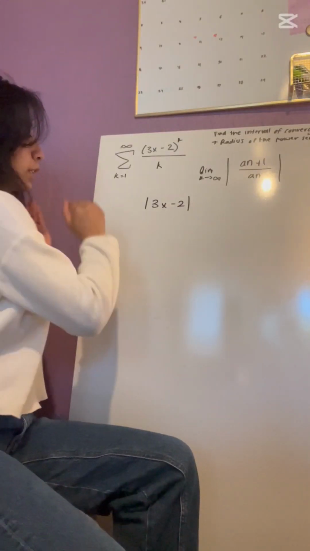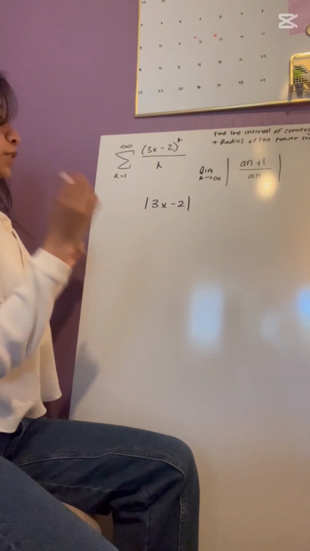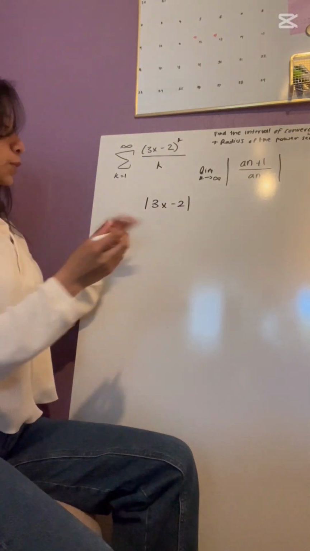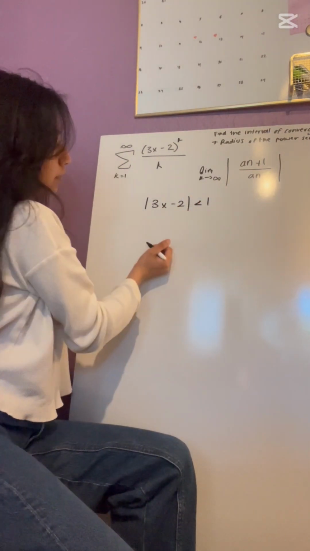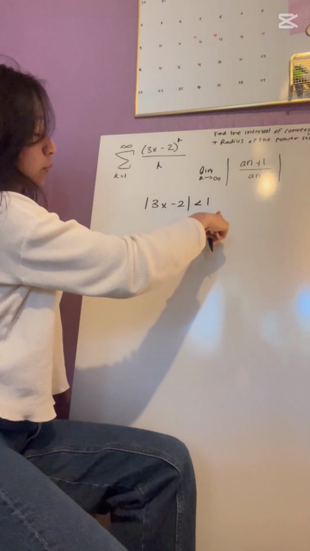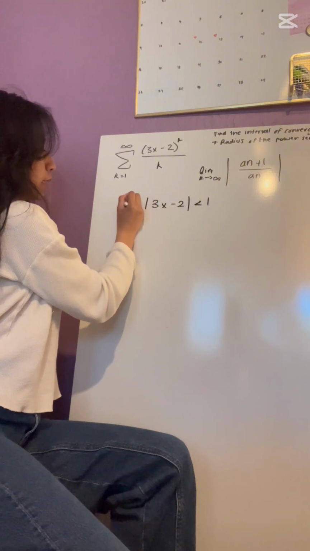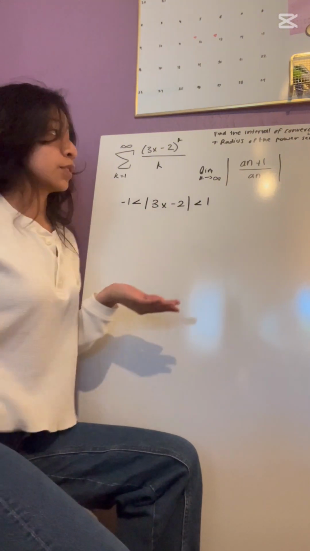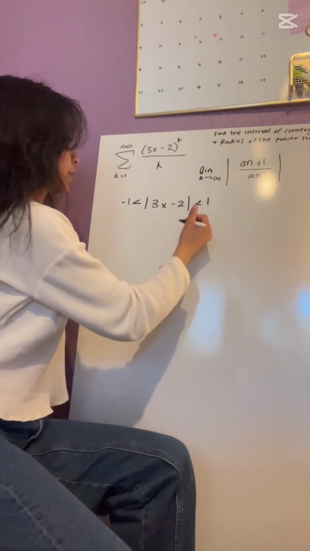Of the k's, we can just focus on the x, or the absolute value of 3x minus 2, which we can set less than 1 and greater than negative 1, so we can solve for our interval of convergence.